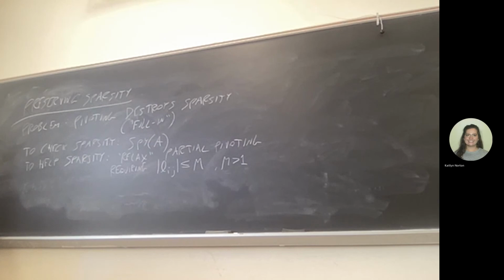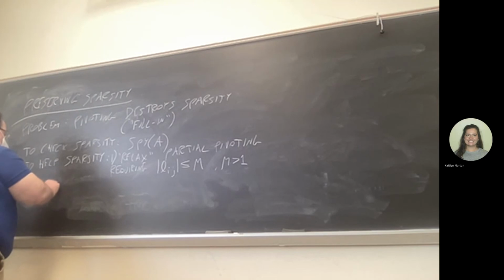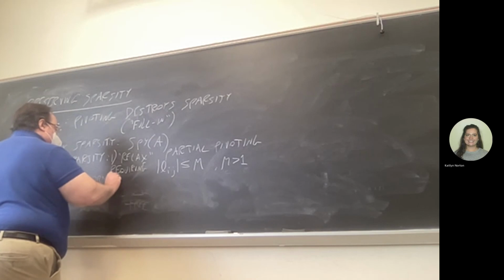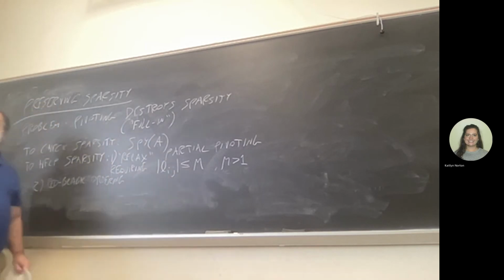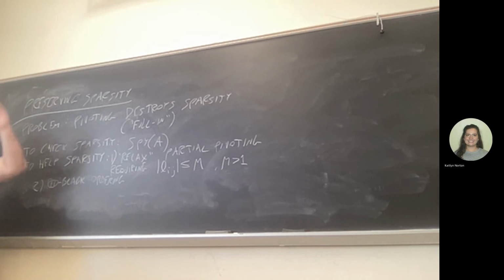Now, okay, so this is one thing you can do. For certain problems, this is limited, there's a red-black ordering. What I mean by red-black ordering is, if you mark alternating rows or columns red, black, red, black, and then you rearrange them to have all the red rows together and all the black rows together, then in certain cases, that can lead to an advantageous structure as far as solving a system of equations.